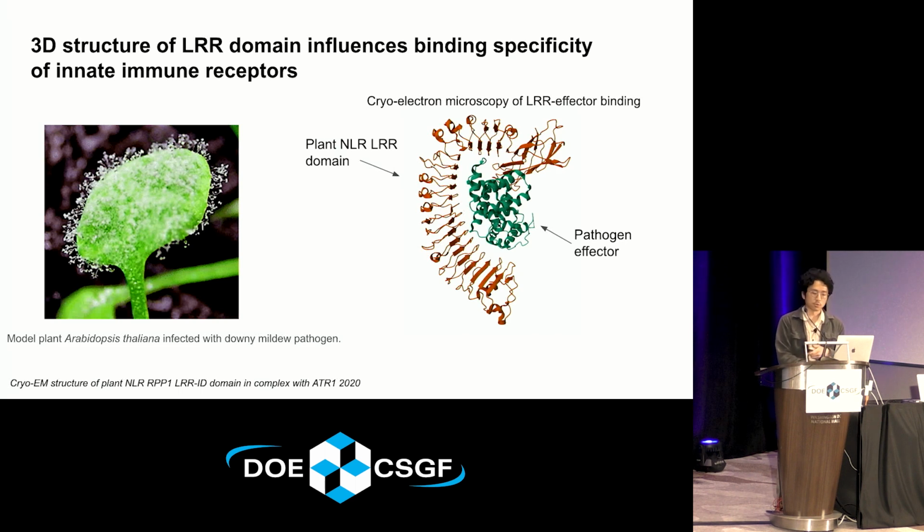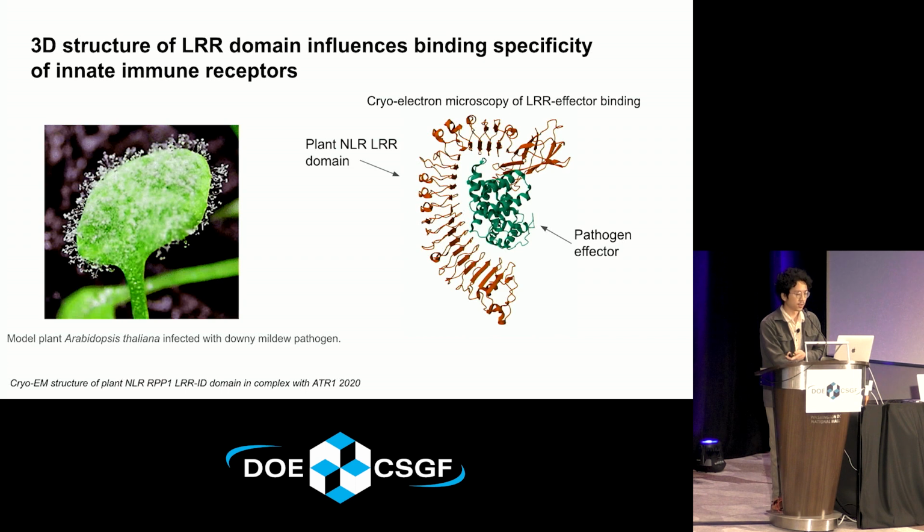And as I had alluded to before, the binding specificity of this receptor is predominantly dictated by its three-dimensional structure. If the geometry of these proteins don't match, then this binding will fail to take place. And there's an ongoing ancient evolutionary arms race between these two organisms where the pathogen effector is continually mutating to avoid detection. And in response to this, the LRR is mutating in order to ensure that the binding takes place.